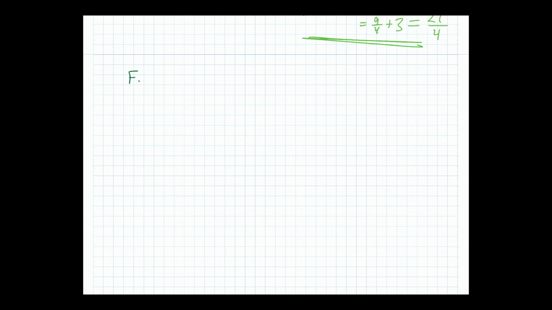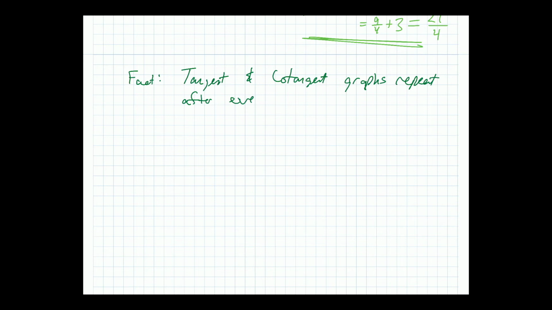So, fact: the tangent and cotangent graphs repeat after every period. So I don't want to plot it too big here.